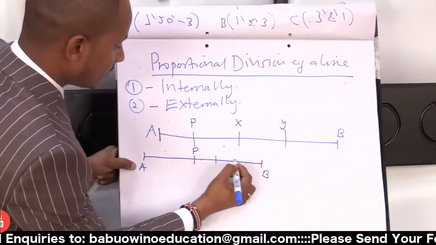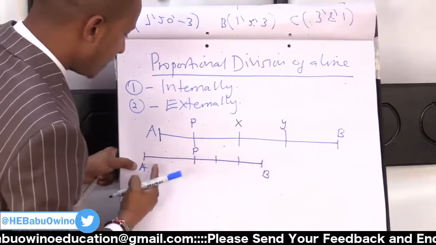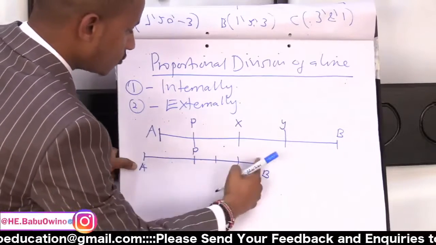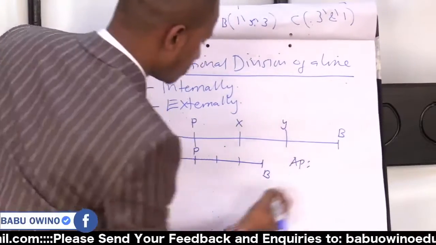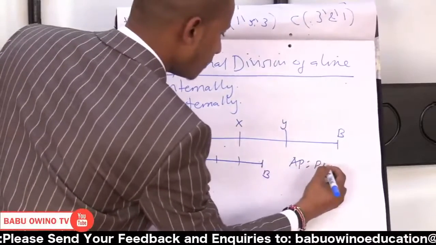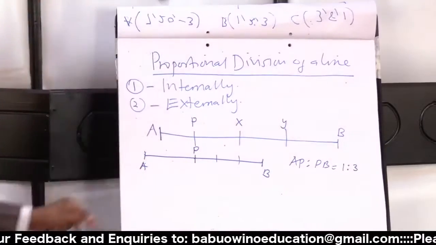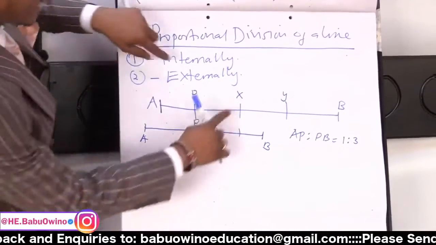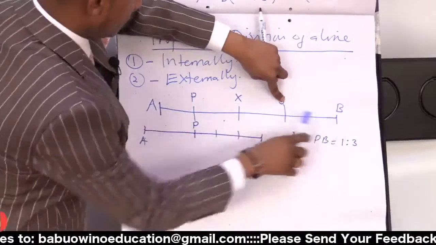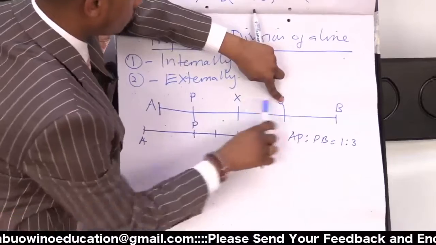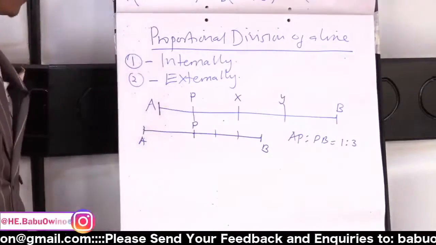Then we have other units there. So you say A to P, ratio P to B equals 1 is to 3. If we take X, we'll say X divides line AB in the ratio of 2 is to 2. You see where X is, so you divide it into that ratio form.